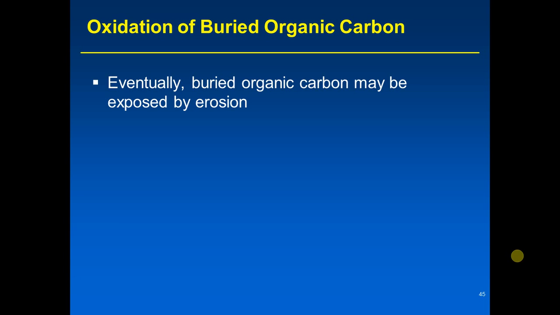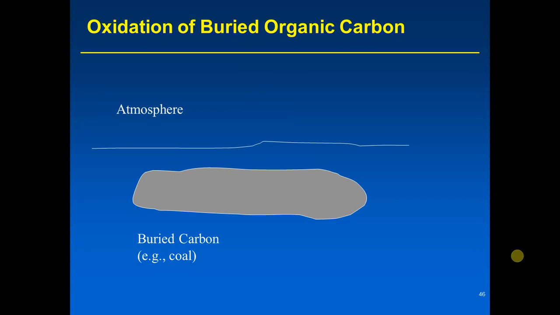Enough erosion can eventually happen that carbon, which was covered up and hidden from the atmosphere and buried underground, gets re-exposed to the atmosphere, and then it can be oxidized to carbon dioxide. And then carbon can be transferred from the solid Earth back into the atmosphere.